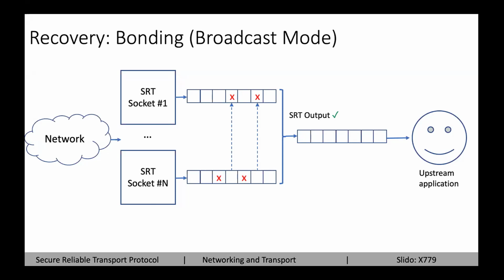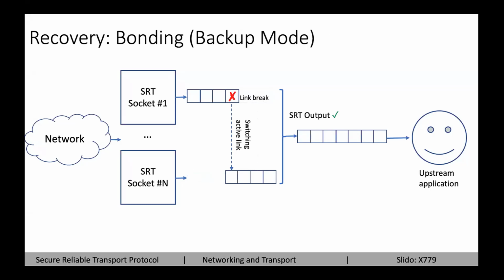And as illustrated in the slides, if one link loses certain packets, and another link loses different packets, then they can be combined to get zero packet loss in the output. Of course, each link can additionally apply packet retransmission-based recovery and FEC recovery and so on. So it's an additional increase in the transmission.